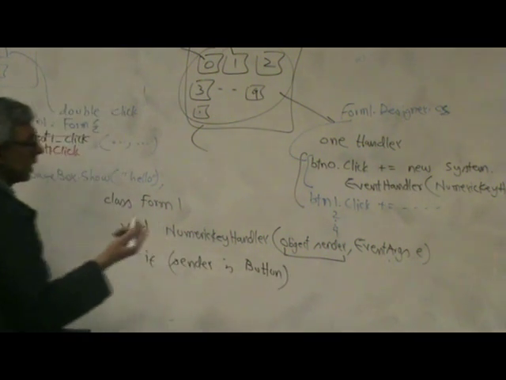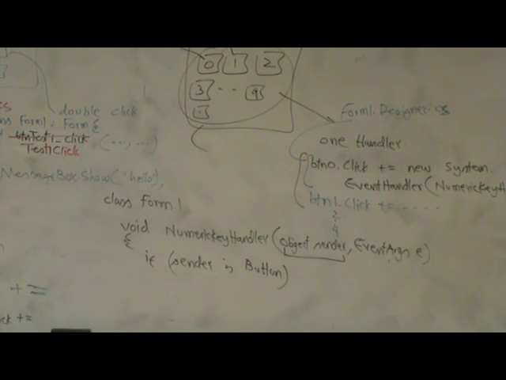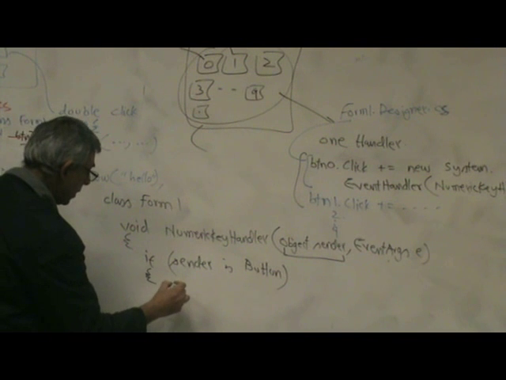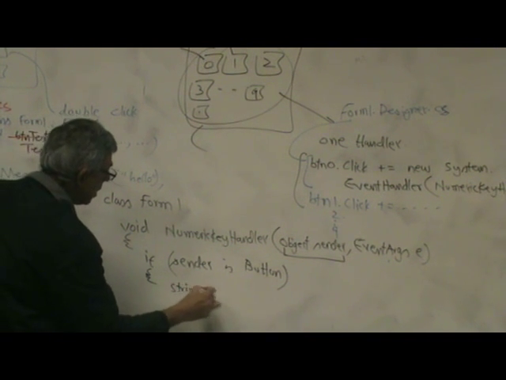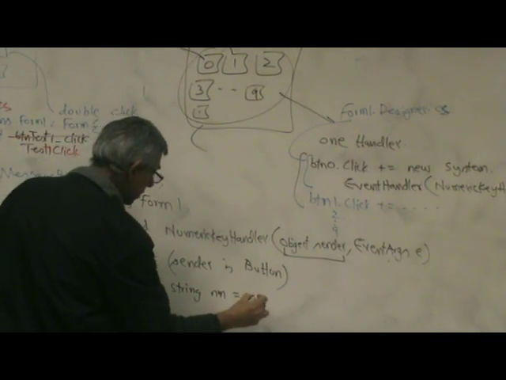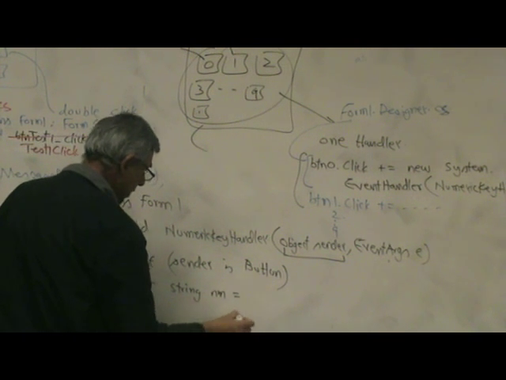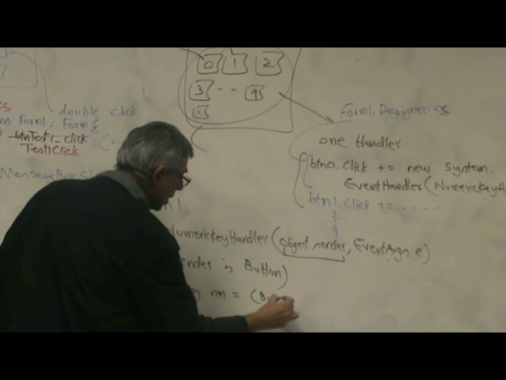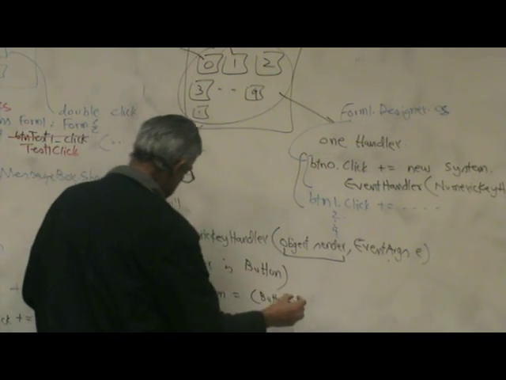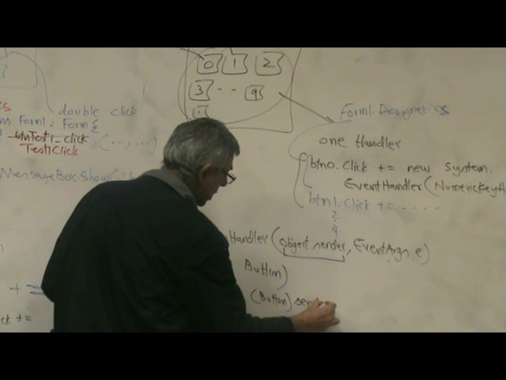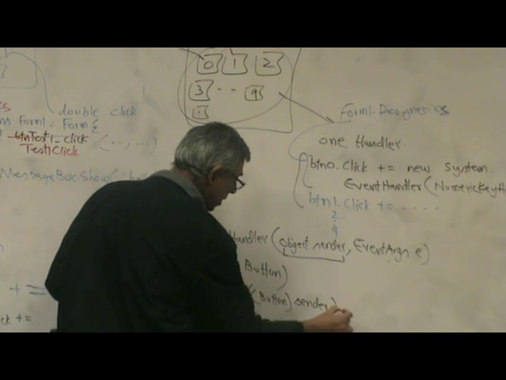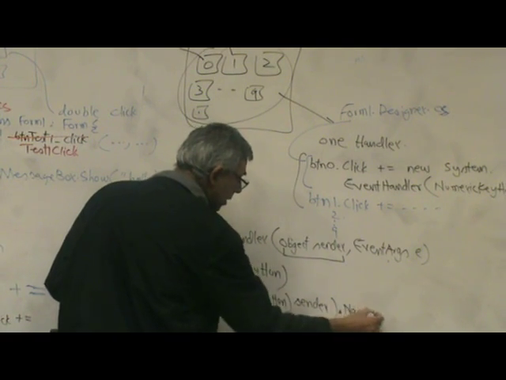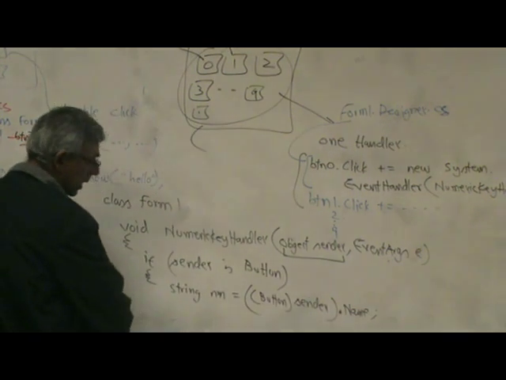Button is a class representing all the buttons, right? Then we will say string name equal to the button sender dot name, for example, or we can say dot text.